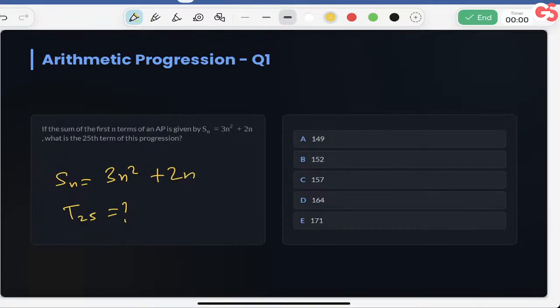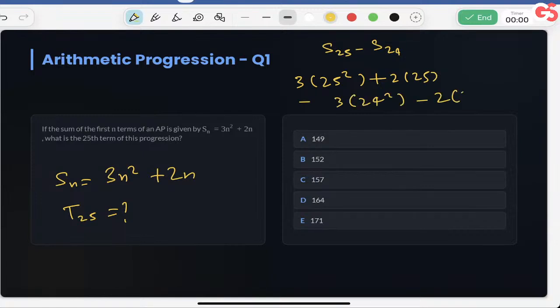Okay, Shreyesh. The 25th term will be S25 minus S24. Is that right? If you want to find the 25th term, you just need to find S25 minus S24. So 3 into 25 squared plus 2 into 25, minus 3 into 24 squared, minus 2 into 24 is what we need to find out.